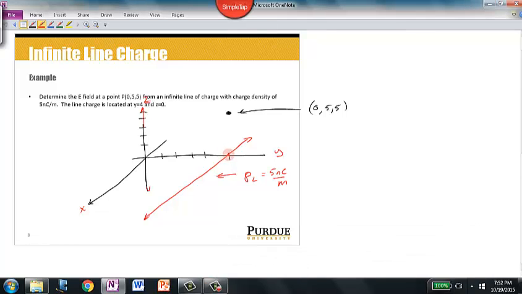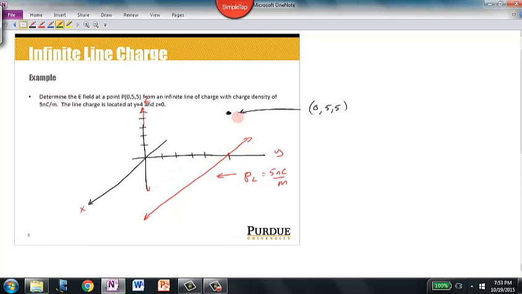The first step to solving this problem is that we need to isolate the axes that correspond to the rho and the z-axis in the cylindrical coordinate system. That can sometimes be a little bit confusing, and what you need to look at is that the infinite line charge here is oriented along the x-axis.